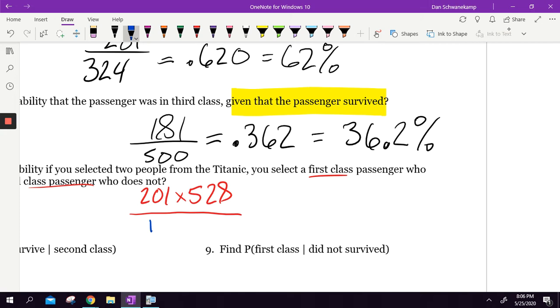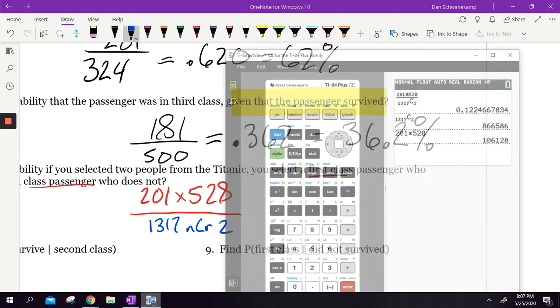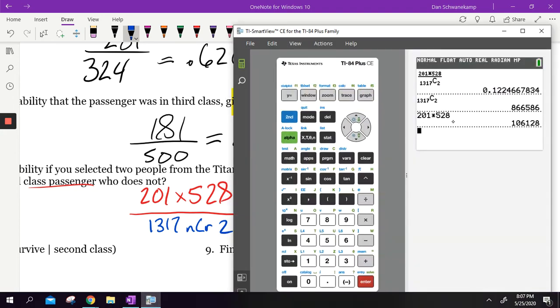Well, what do we have? We have 1,317 people, and we're going to choose a group of 2. So I'm taking 201 times 528 on top, and I'm choosing a group of 2. So I've got 1,006,128.